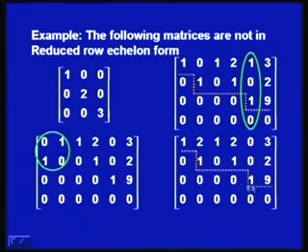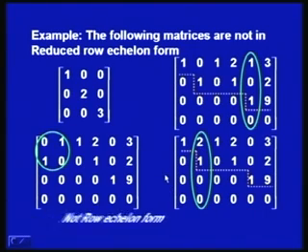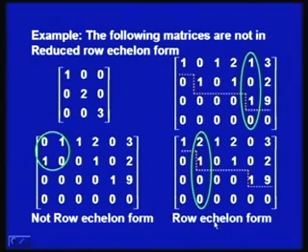Now, in this case again the staircase pattern is there, but this particular column makes it different from a reduced row echelon form, because this is the leading one, but this has another entry which is non-zero. So, this again is not in reduced row echelon form. So, they are not in reduced form, but they can be in row echelon form.